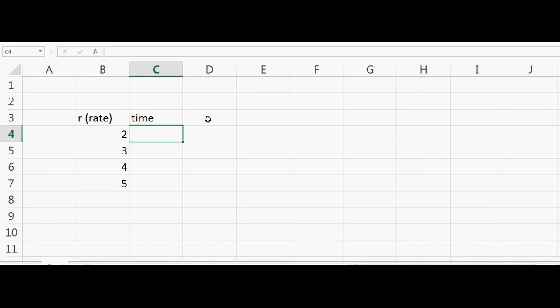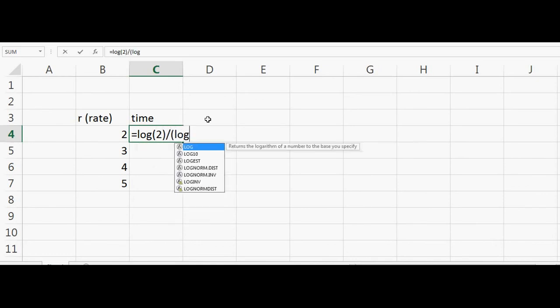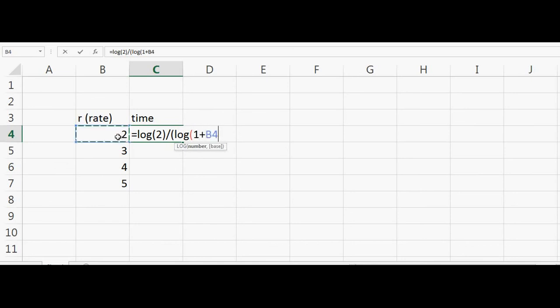Time should be equal to, as we calculated before, log of 2 divided by log of 1 plus r divided by 100, because this is in percentage. So it says 35 years.